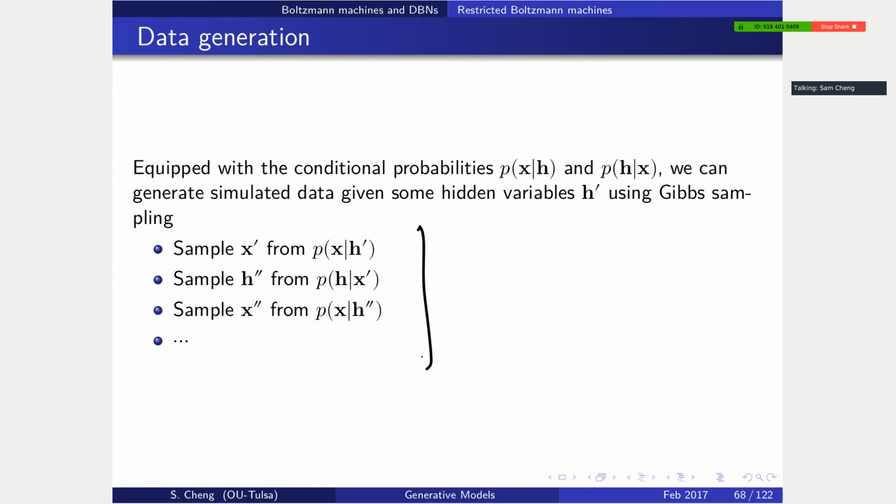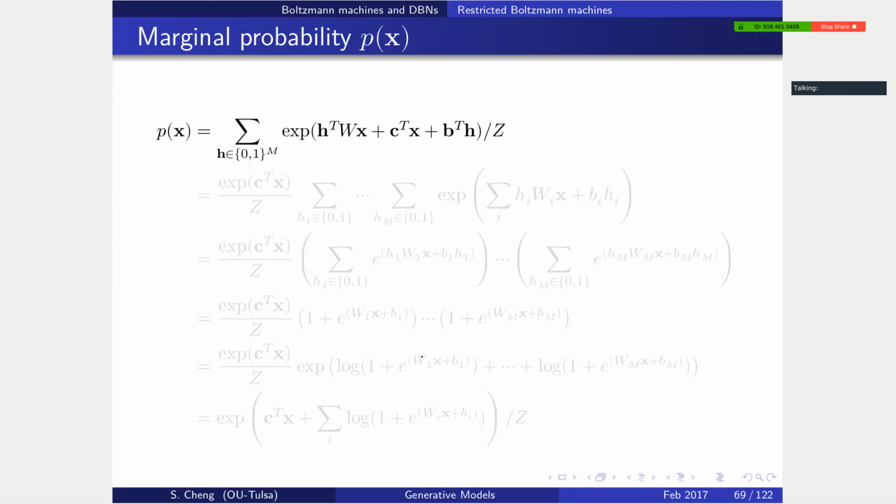Let's say either x or h is fixed. If x is fixed first, I can sample the h layer. Then I can sample the x layer and then the h layer and back and forth like that. So that one we have, p(x|h) or p(h|x), is computed.